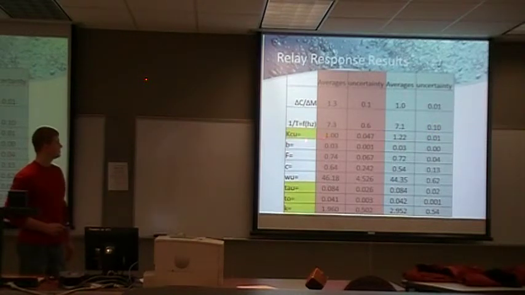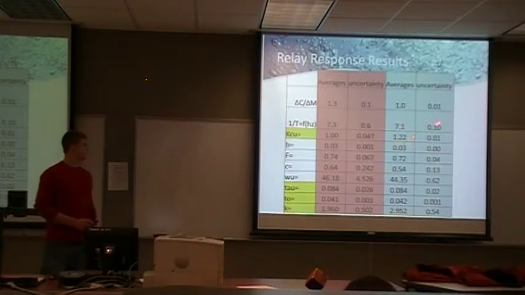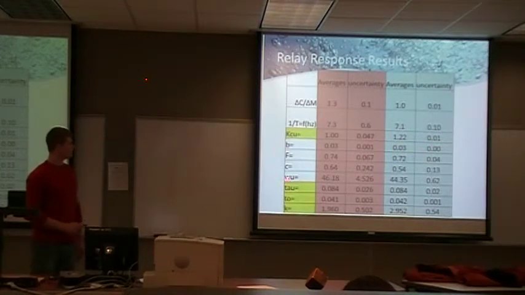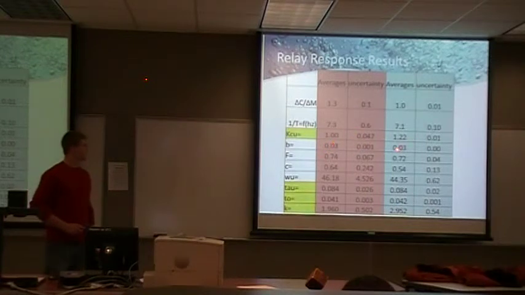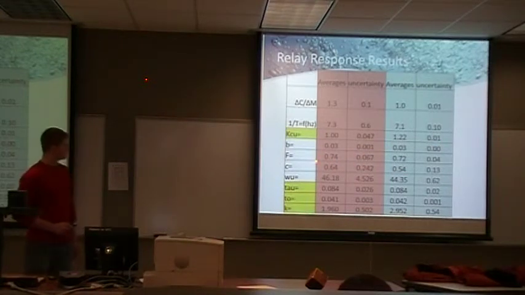The KCU value is 1 with an uncertainty of 0.047. His was 1.22 with an uncertainty of 0.01. These are the parameters that we developed to find tau, T0, and K. So far, they're very similar, 103, 103. Uncertainty is very low here.